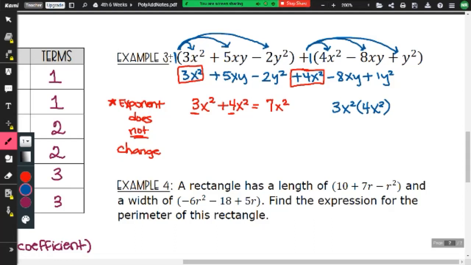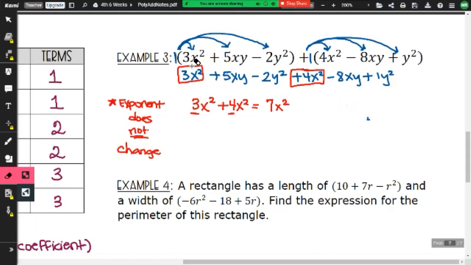With laws of exponents, we were multiplying them. So if we multiply 3 times 4, we get 12. If we're multiplying x squared times x squared, you add the exponents to give you x to the 4th. Big difference in adding and multiplying, okay? So don't confuse those rules.